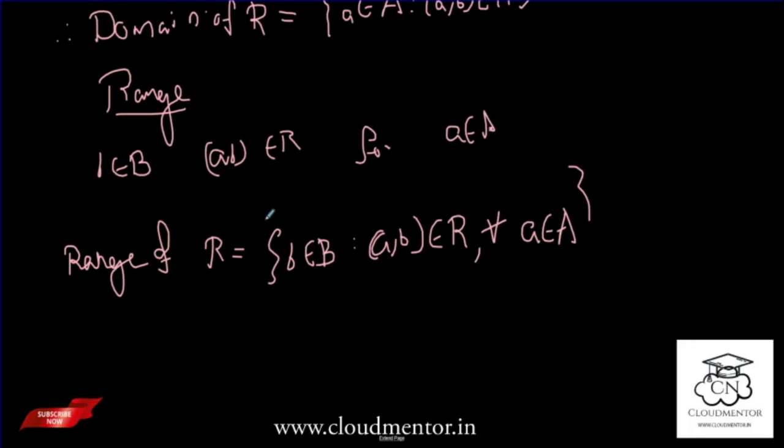Here, the set B is called the codomain of R.